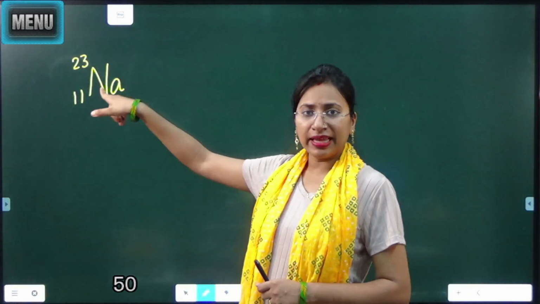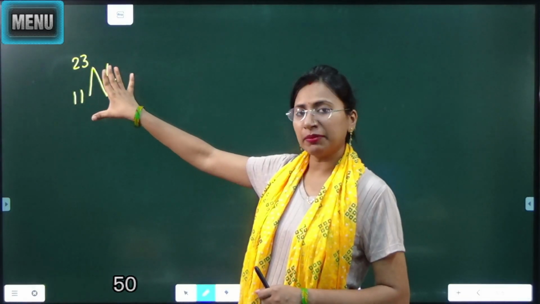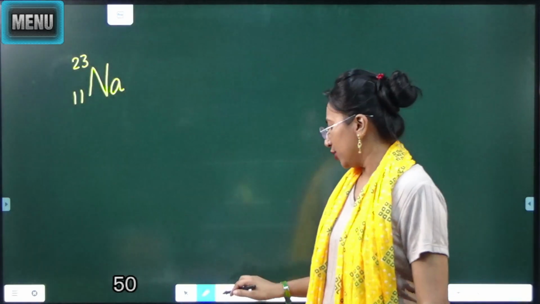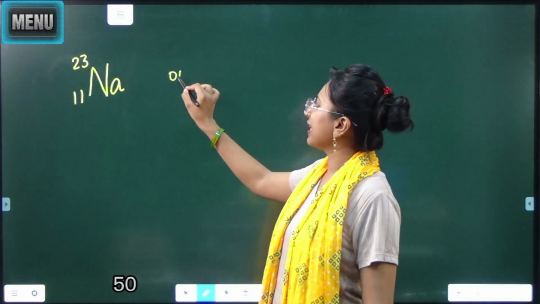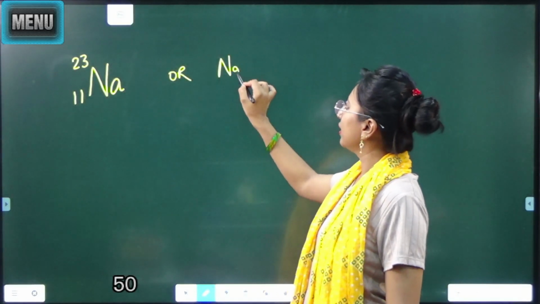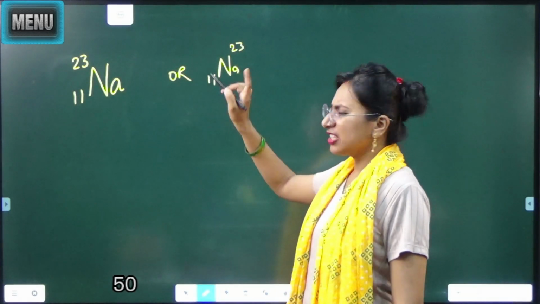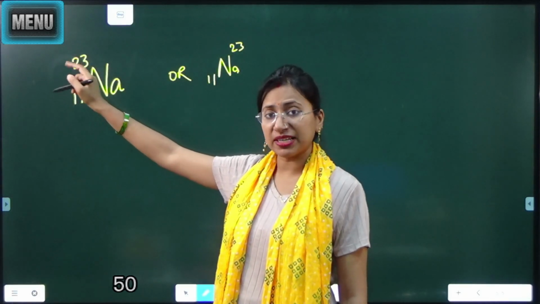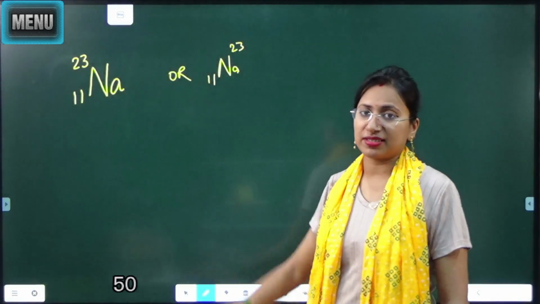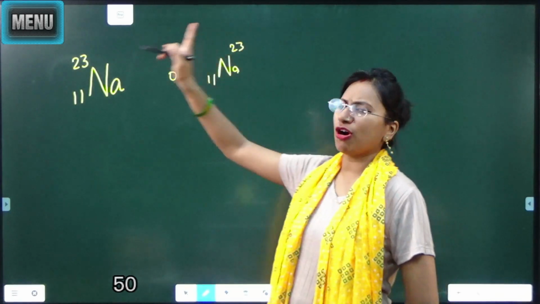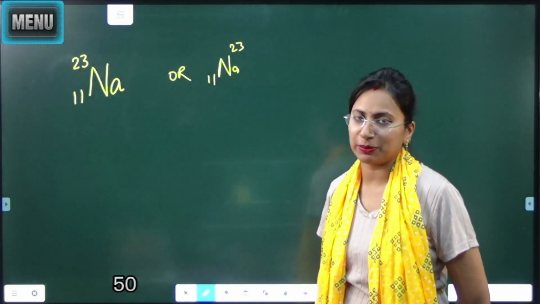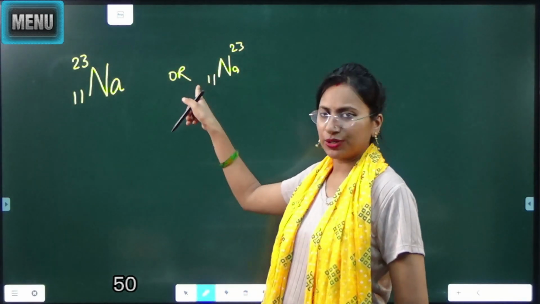Sodium atom can be represented as sodium with 23 and 11. You can also represent it as Na with 23 and 11. This mass number you can write on the upper left-hand side or upper right-hand side. Both of these representations are valid and correct. Z is denoted here.